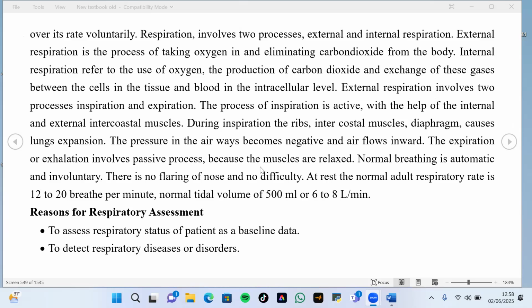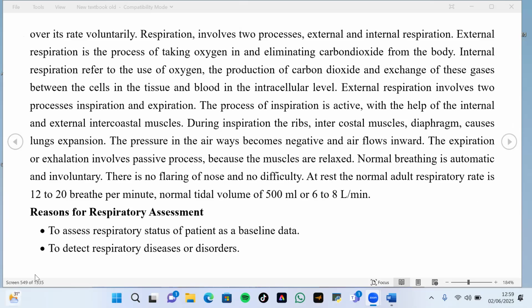The pressure in the airways becomes negative and air flows inward. Whereas expiration or exhalation is a passive process, at this point the muscles are relaxed. You understand? So that the air can go out. Normal breathing is autonomic or automatic and involuntary. So you should know that.